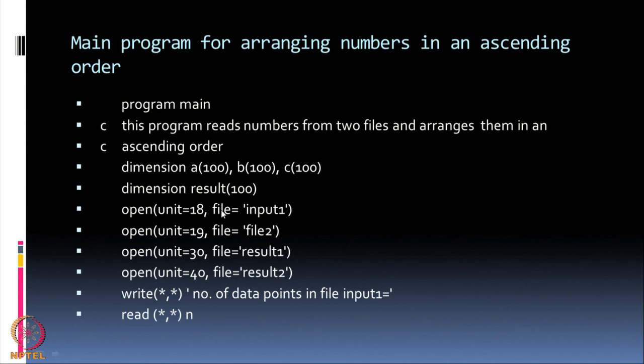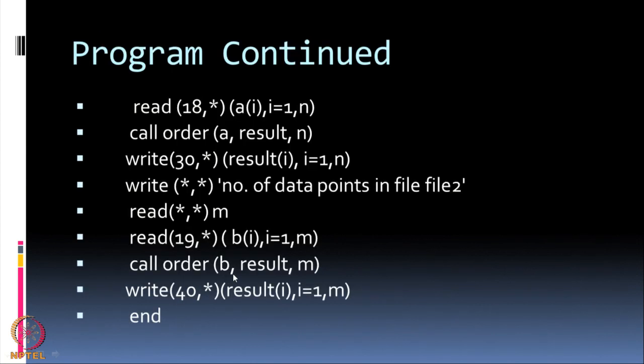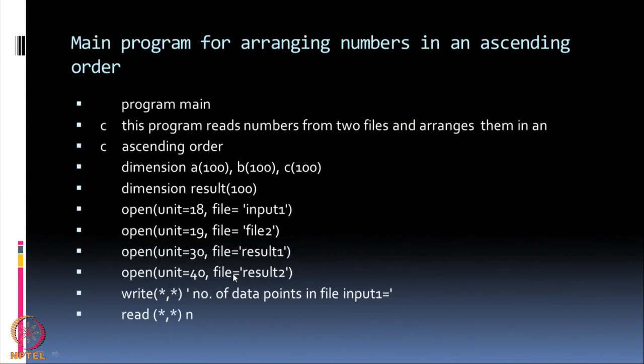Then I will read from file 18, this is the input. I will associate this unit 18 to the file input 1, associate unit 19 to file 2, number 30 to result 1 and number 40 to result 2. So, I have associated those 4 numbers to these files.